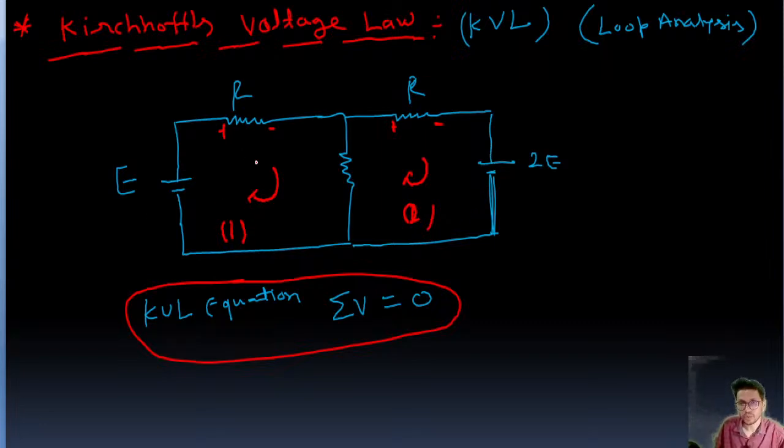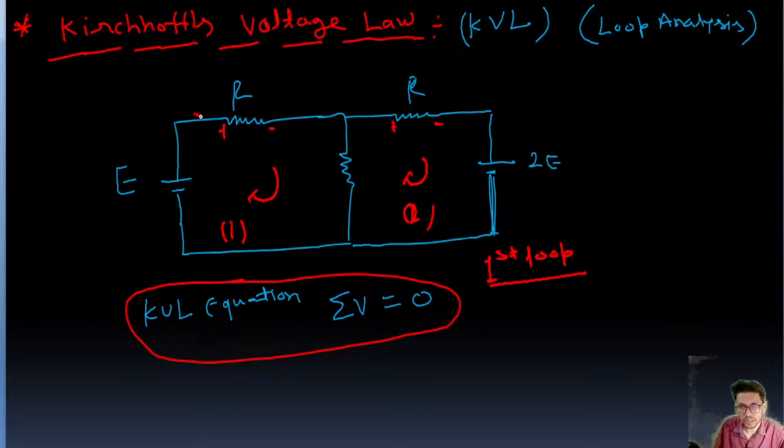Now we'll analyze the first loop. In the first loop we are using KVL, where the sum of the voltages is 0.